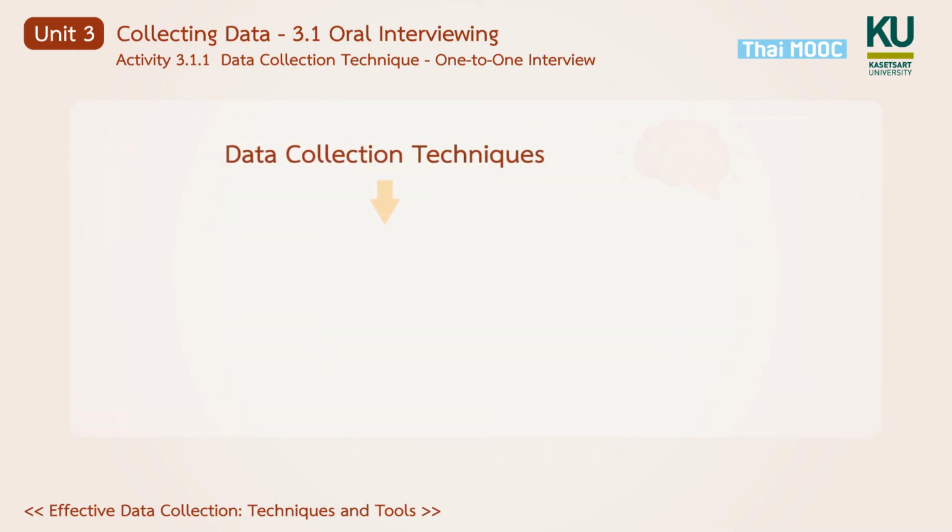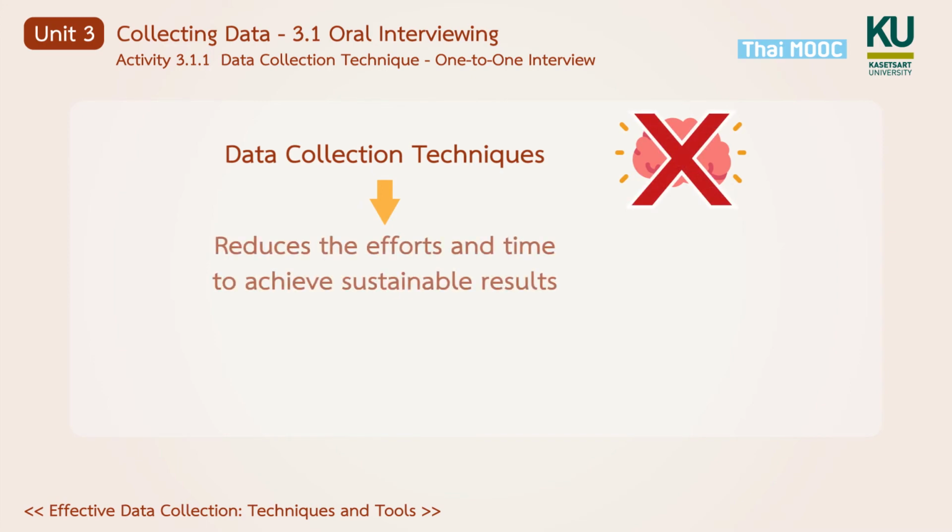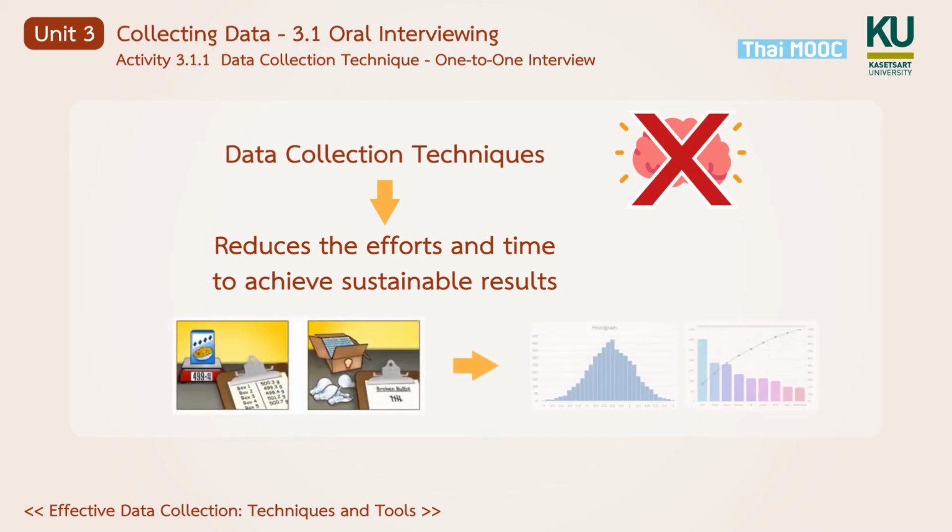Therefore, they are the most important data collection techniques, without which you cannot analyze the data effectively. This effective data collection not only reduces the efforts but also time to achieve sustainable results. At this point in time, we know the types of data and applicable tools in particular data types.